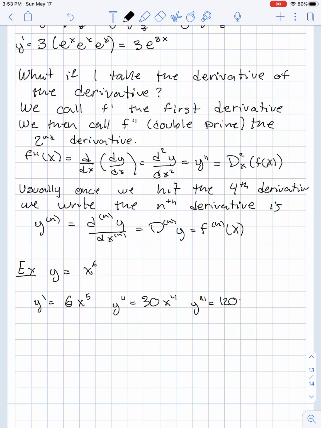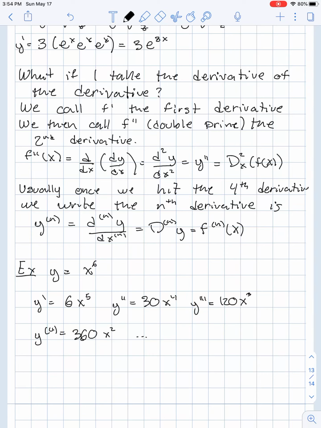Y triple prime, what's 4 times 30? 120, x to the 3rd. We can get y 4th. That equals, I think, 360, x squared, and so on. I'll keep going, and then eventually I'll get 0.